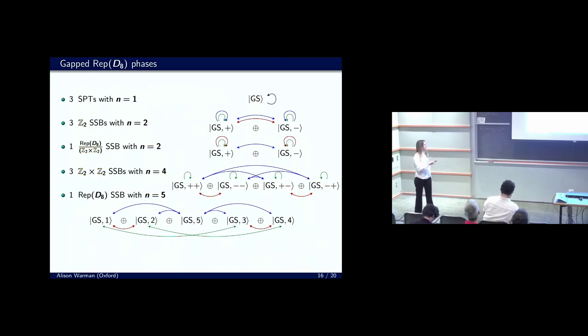And then finally this Rep(H8) SSB, where, as I said, we have this 5th ground state, which is invariant under the invertible symmetries, and then we have a breaking of the other ones. Yeah. So in this case, the full non-invertible, the full Rep(H8) symmetry is broken.